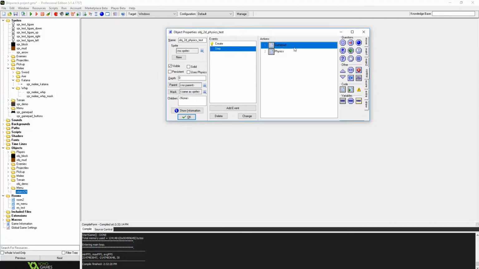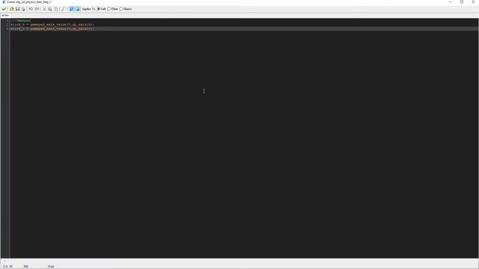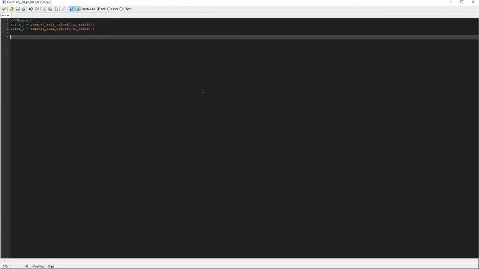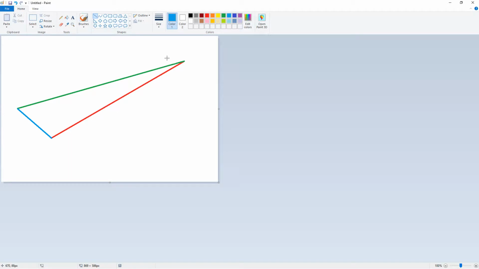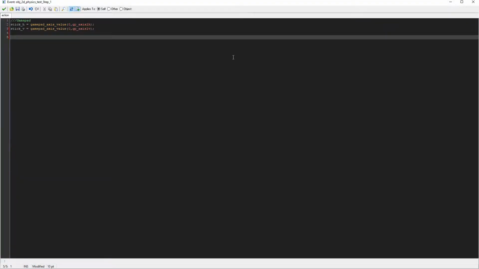First thing we have to do is figure out this red here.